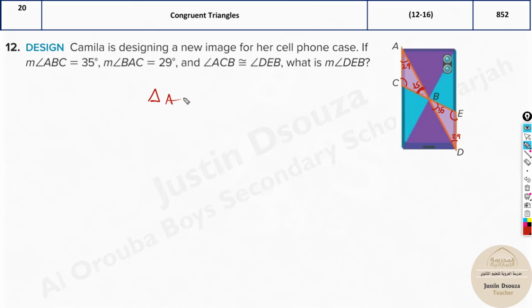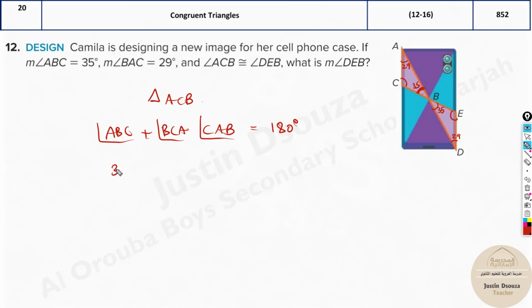From triangle ACB, we know that angle ABC plus angle BCA plus angle CAB is equal to what? When you add up all the angles of a triangle, they are equal to 180 degrees, because the sum of all the angles in a triangle is 180 degrees. Now substitute.